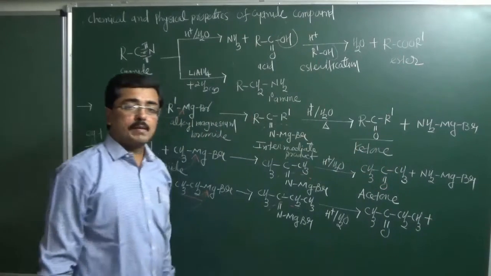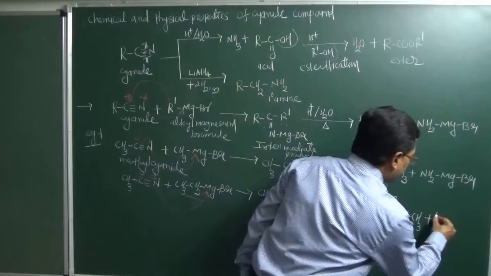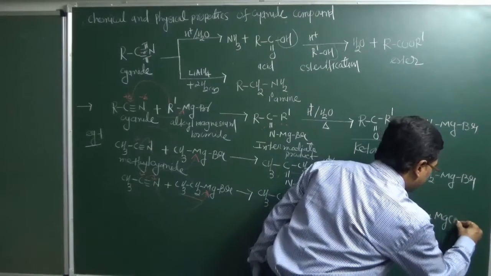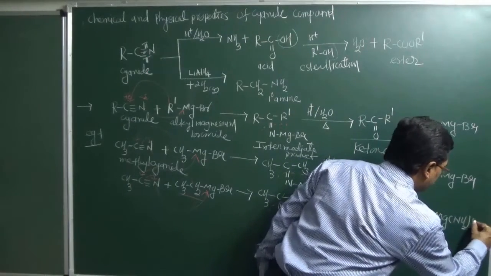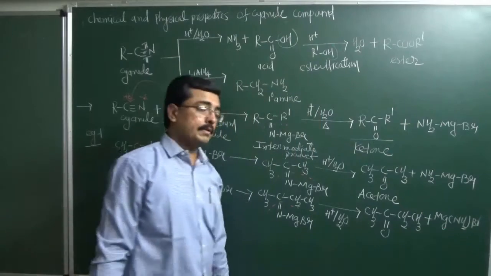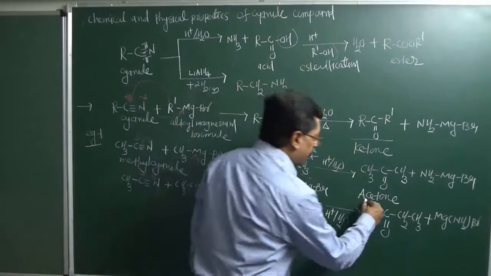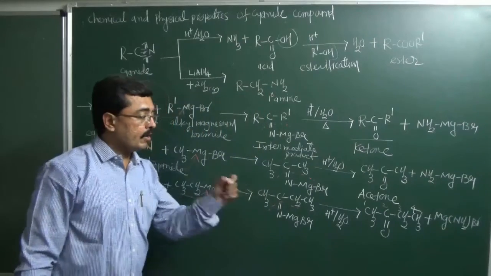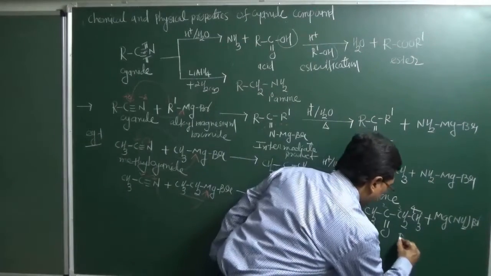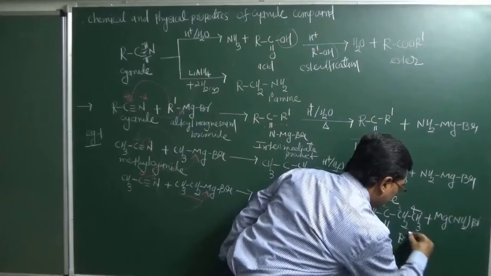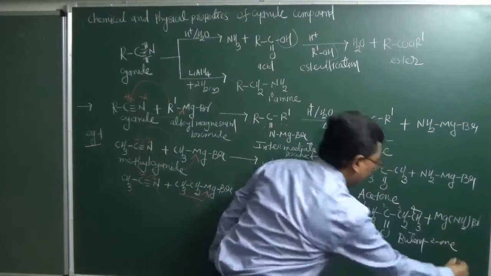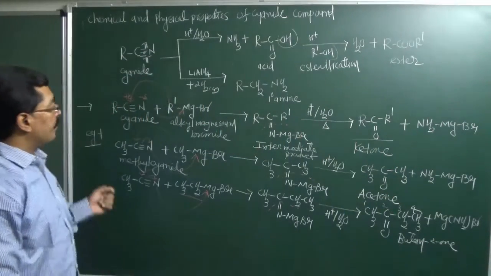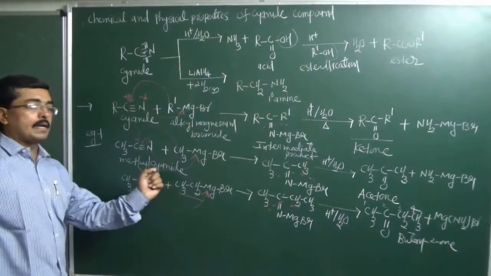The byproduct will be the same, MgNH2Br. Now the structure obtained has a 4-carbon long chain, so the name of this structure is butan-2-one. So 2-butanone can be prepared by using methyl cyanide.